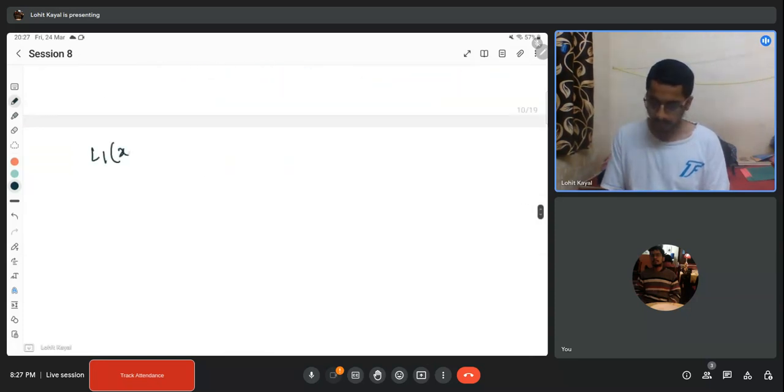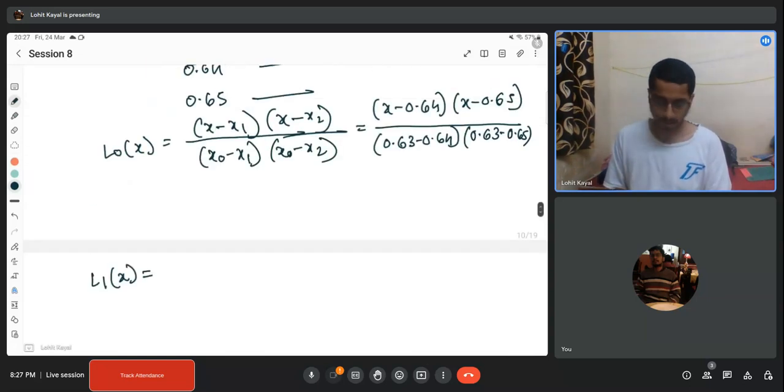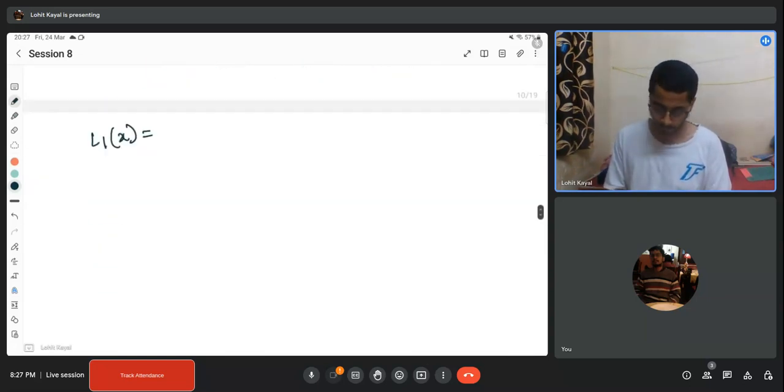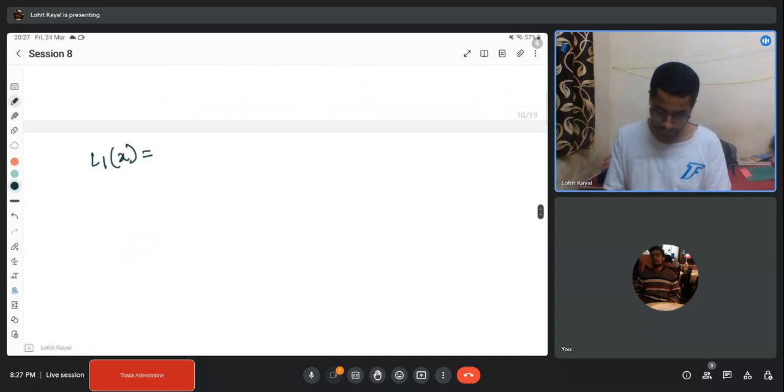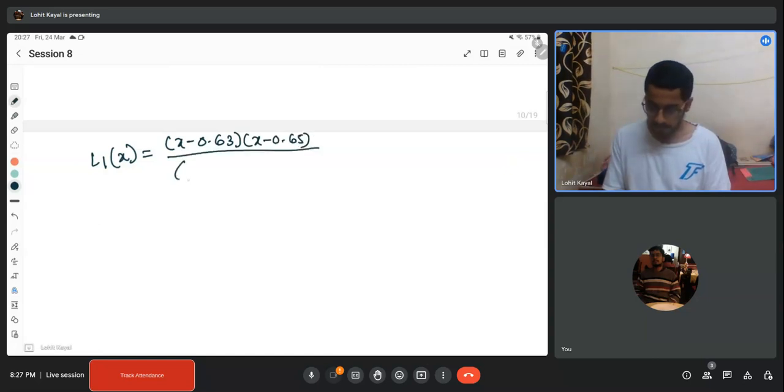Similarly, you can find the expression of L1 of x. I don't have enough time, so I am directly writing down the expression of L1 of x. It will be x minus 0.63, x minus 0.65 divided by 0.64 minus 0.63 and 0.64 minus 0.65.